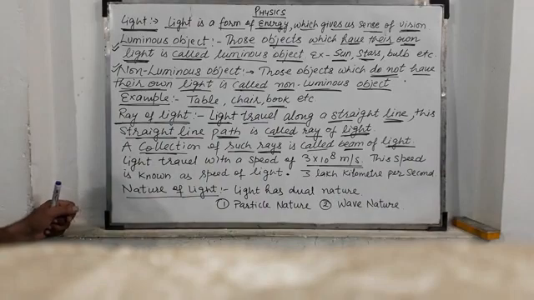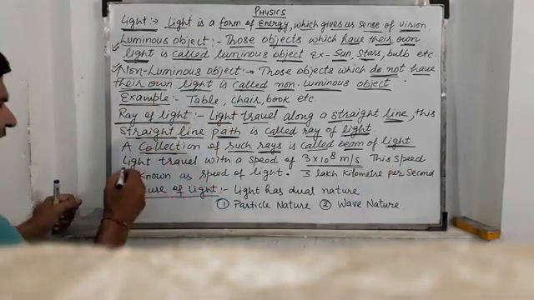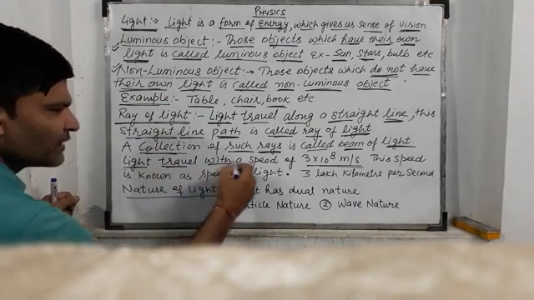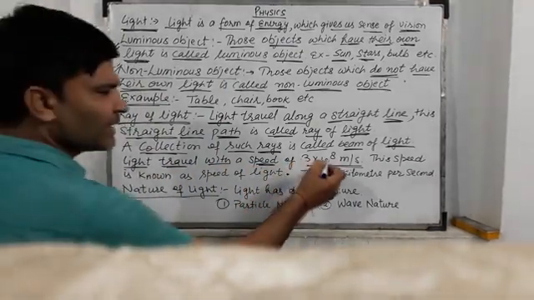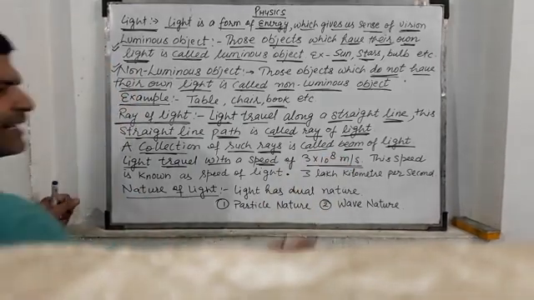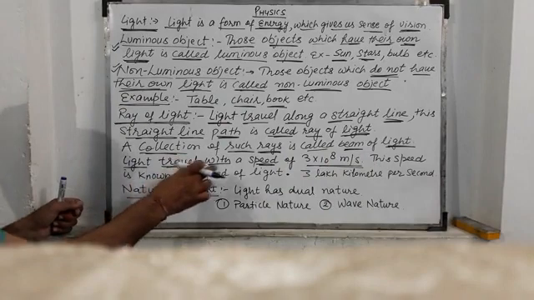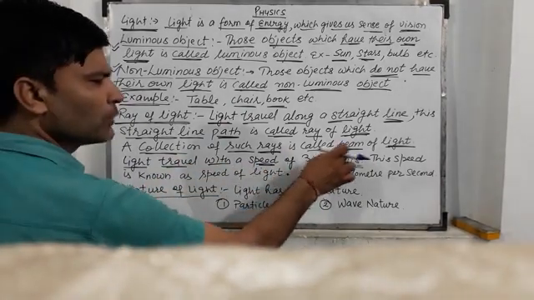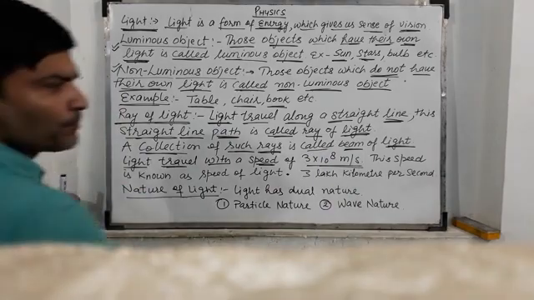Now, what is the speed of light? Light travels with a speed of 3 into 10 to the power 8 meter per second.